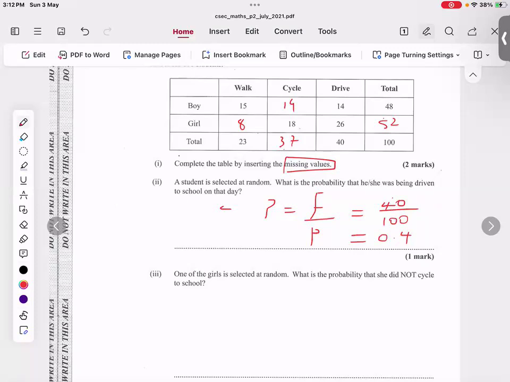No, try again. Close, my boy. Did not cycle to school, you know? Yes, sir. I remember 37 cycle, right? And 23 walk and 40 drive. So when I just add the 23 to the 40, you're done.